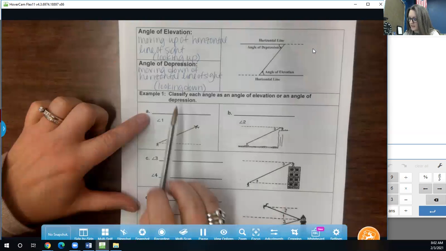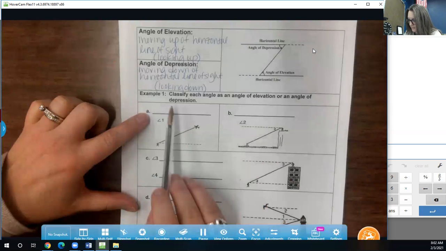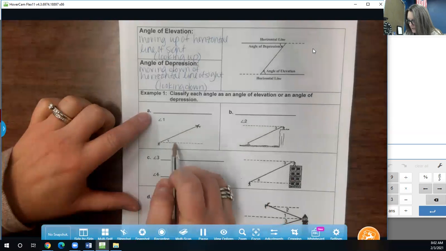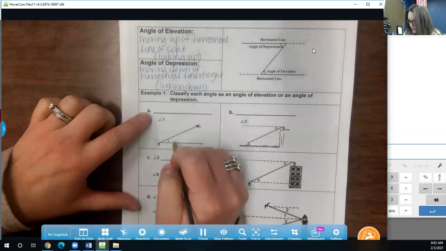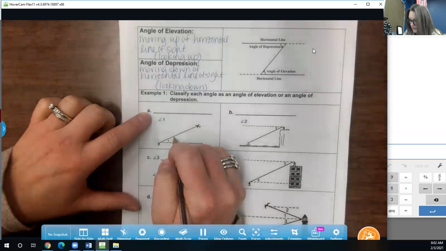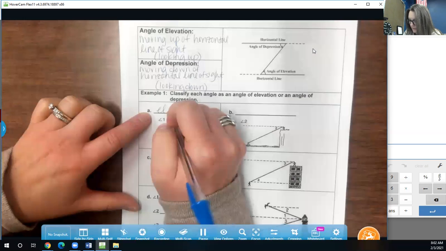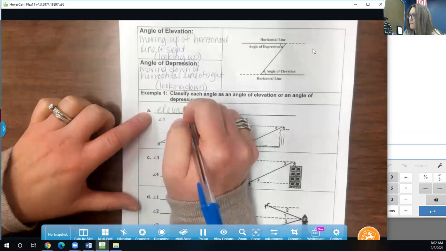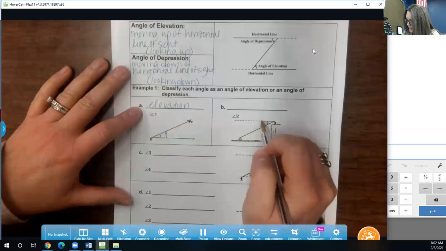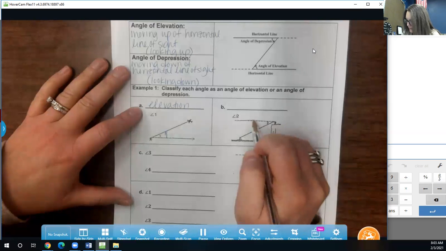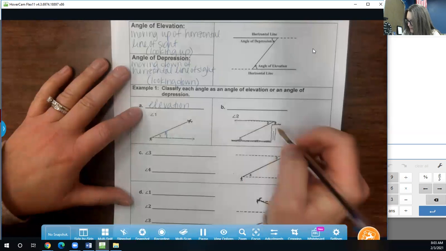So let's classify each angle of elevation or depression. So let's look at his line of sight. His line of sight is here, right? Because he's on the ground and he's looking up. So if he's looking up, then he's going to be having an angle of elevation. All right, now he's on a cliff, right? Here's his horizontal line of sight, and he's looking down at this sailboat.